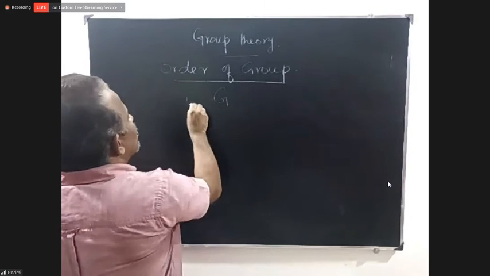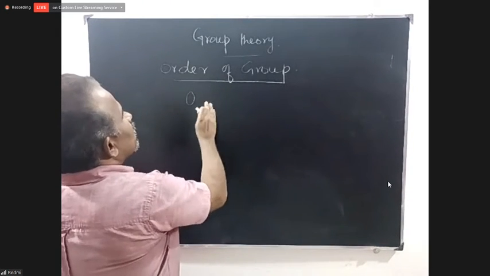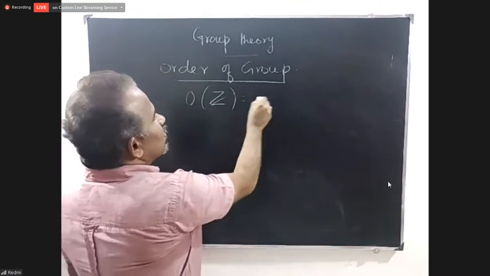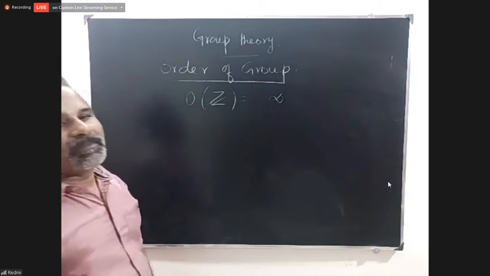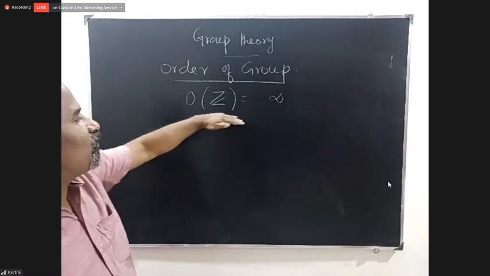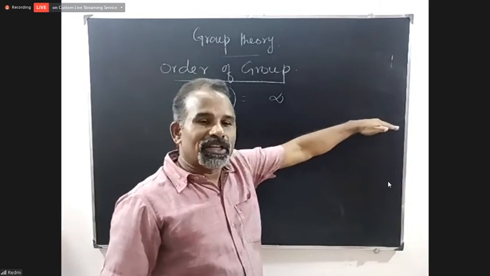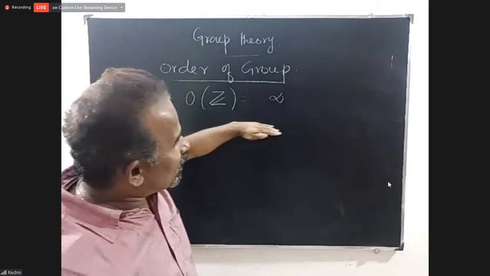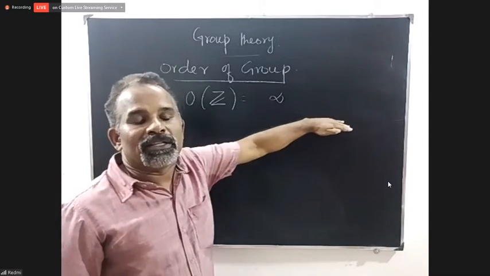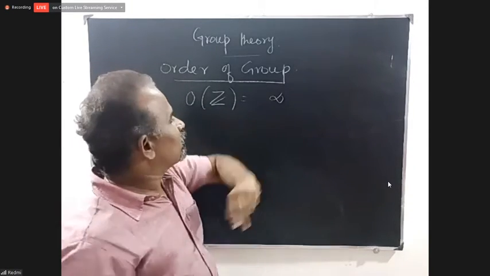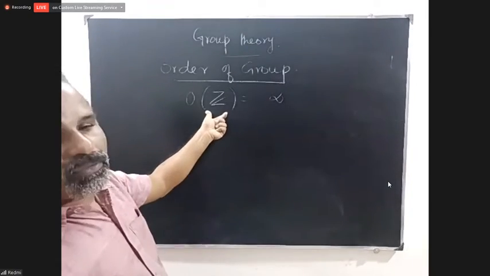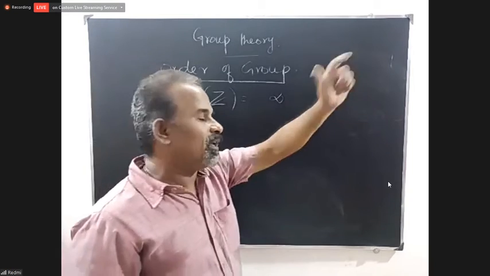So the order of Z is equal to infinity. Therefore Z has infinite order, because Z comma plus is a group, but the number of elements is infinite. Next, the order of Q is also infinite.